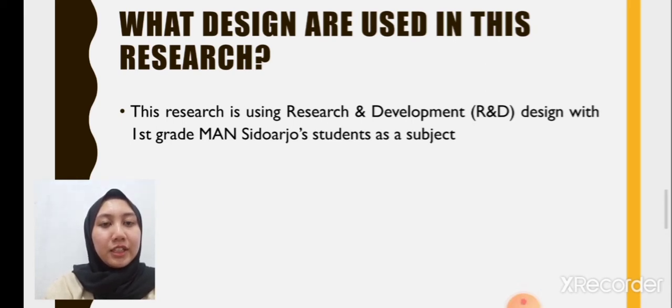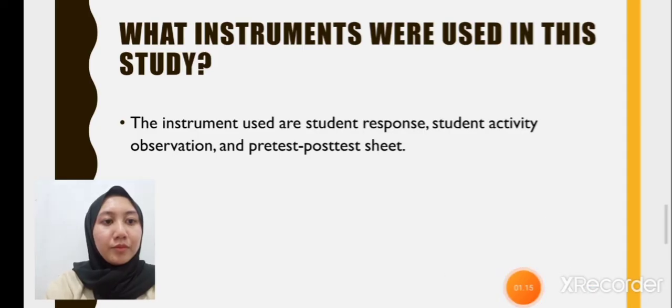This research uses research and development (R&D) design with first grade Sidoarjo students as subjects. What instruments were used in this study? The instruments used are student response, student activity observation, and pre-test post-test sheet.